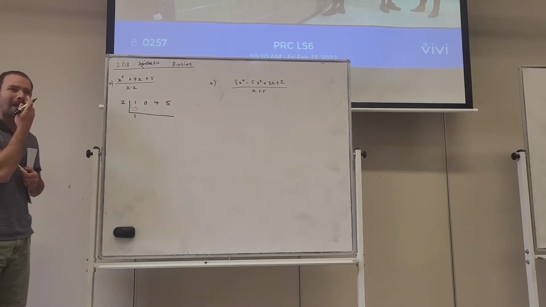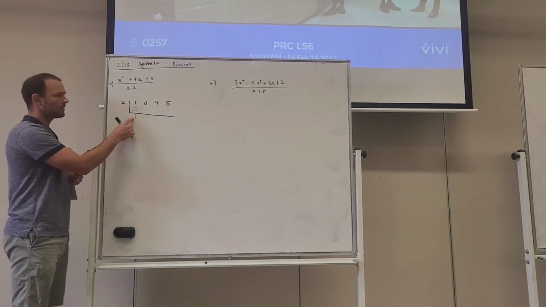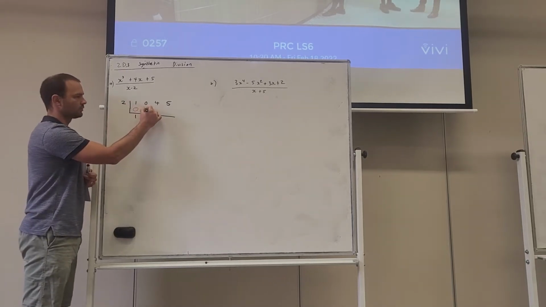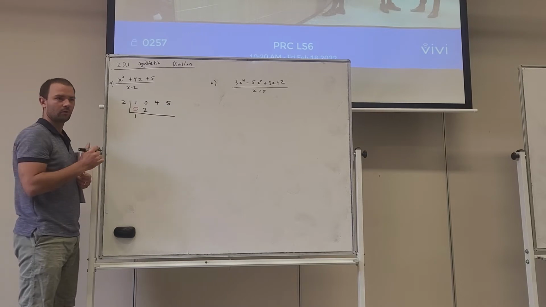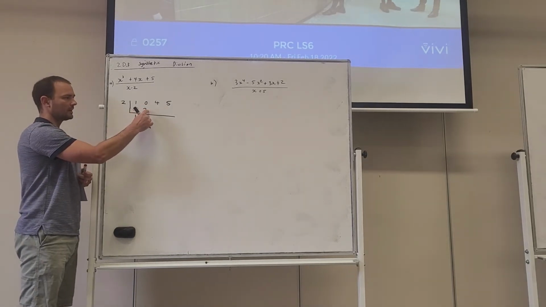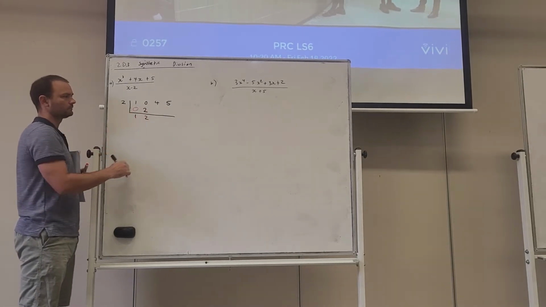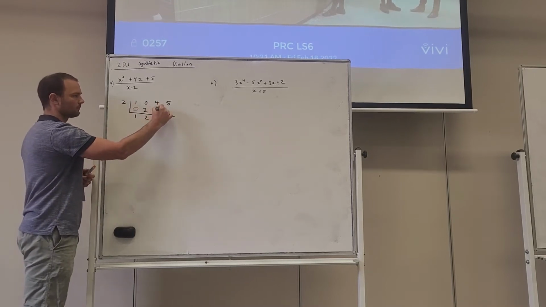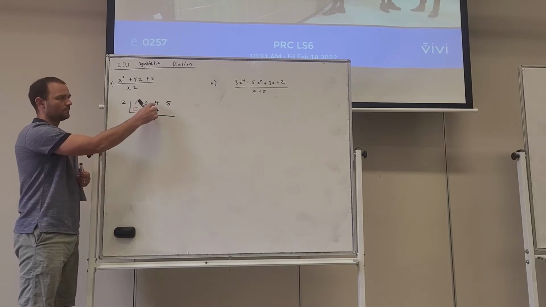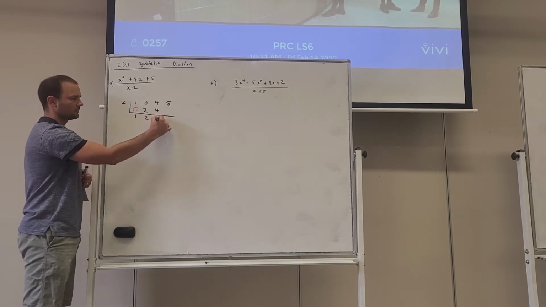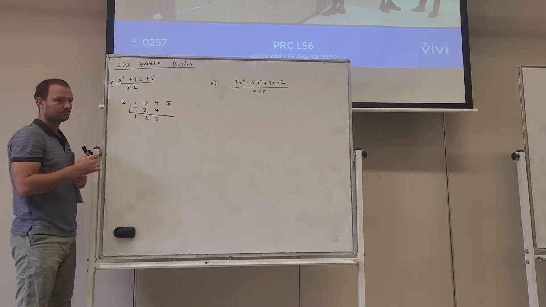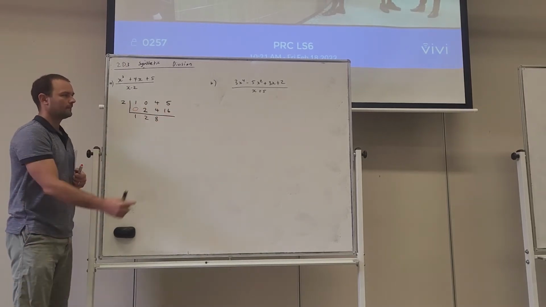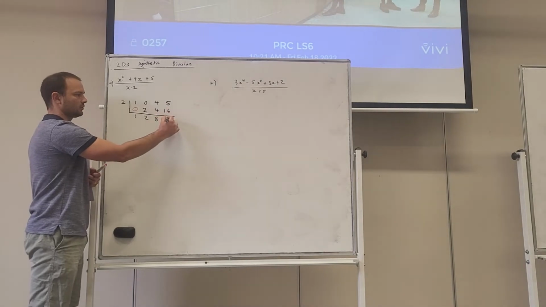Then 1 times 2 equals 2, so we put a 2 there. 0 plus 2 is 2. 2 times 2 is 4. 4 plus 4 is 8. 8 times 2 is 16. And 5 plus 16 is 21.